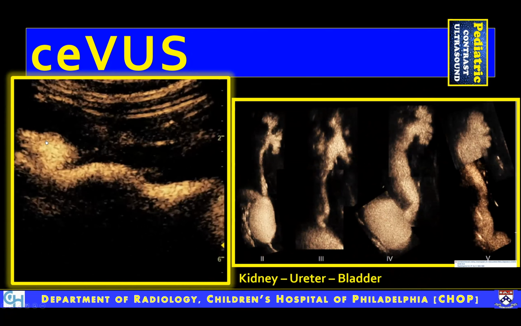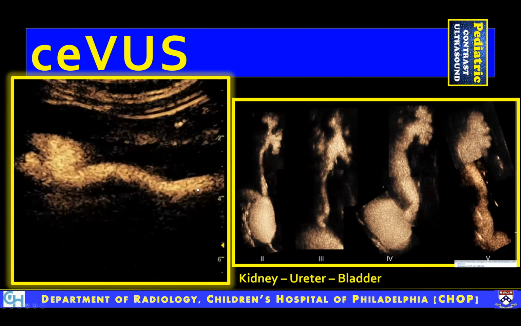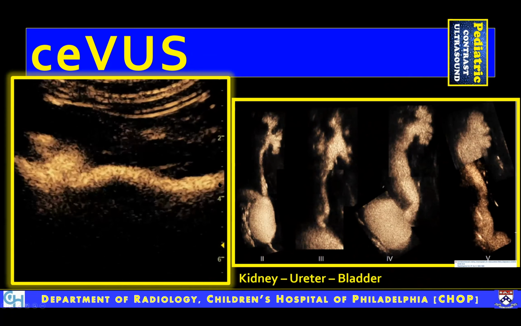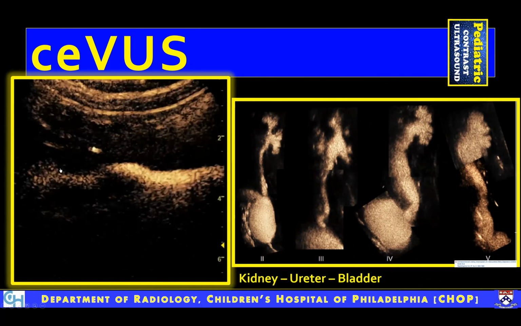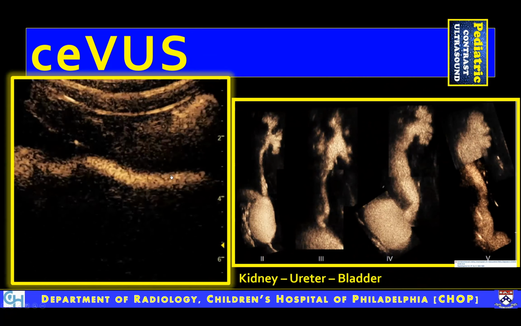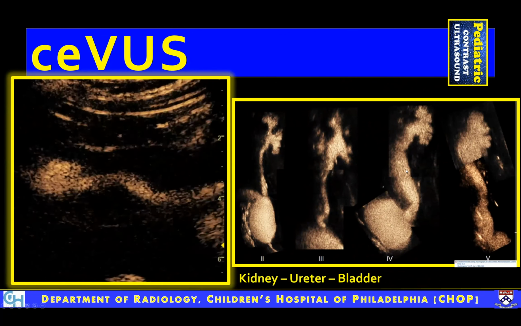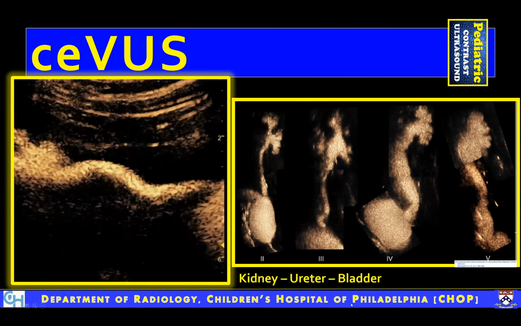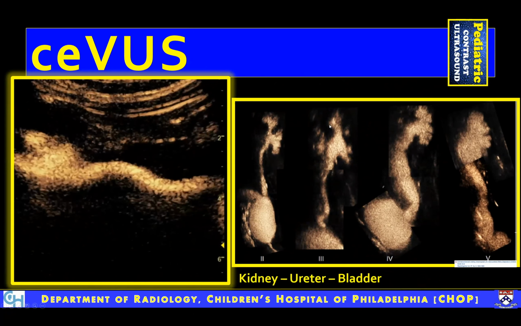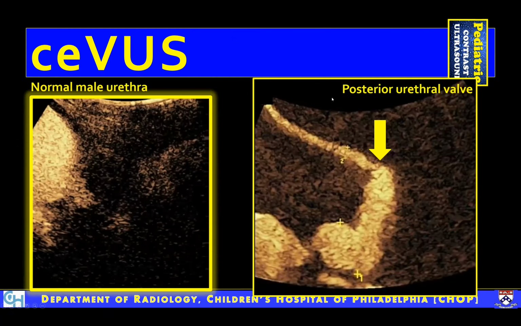Here, there is the depiction of the renal vessel, the ureter, and at times you're seeing the bladder here. So like in VCUG, you can have the whole urinary tract on one image, and you can do all the grading of the reflux also on ultrasound.